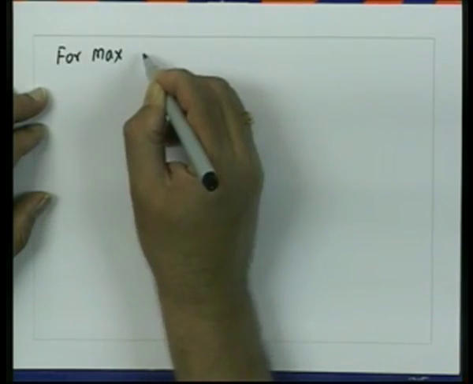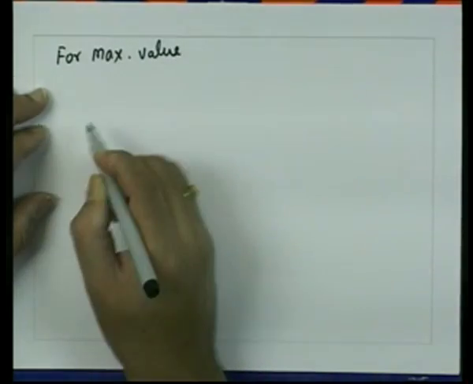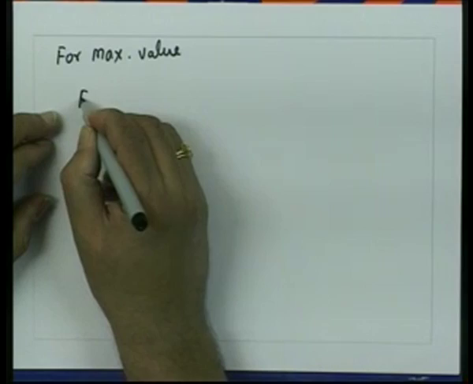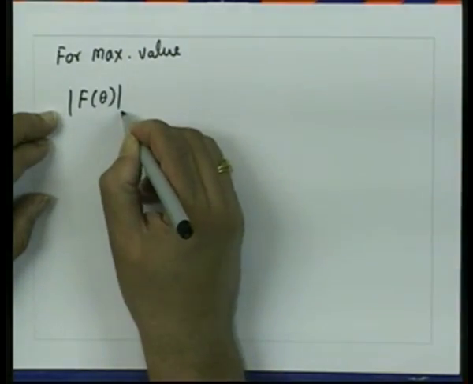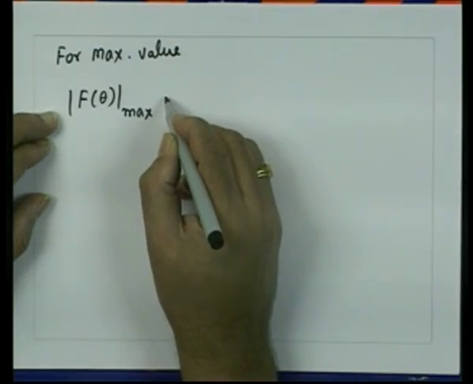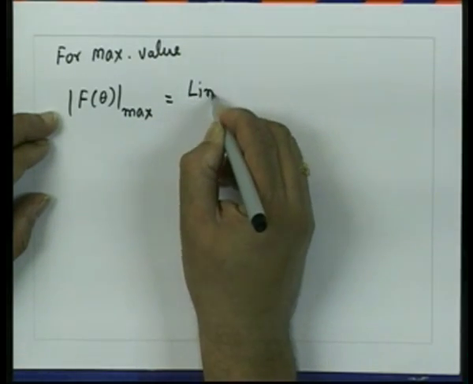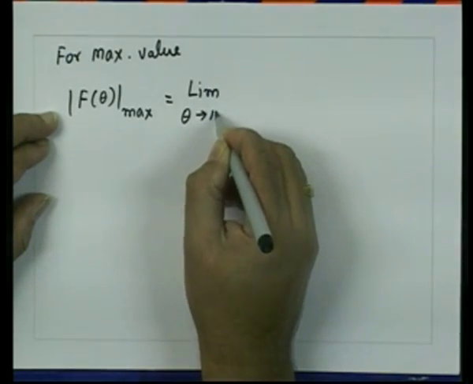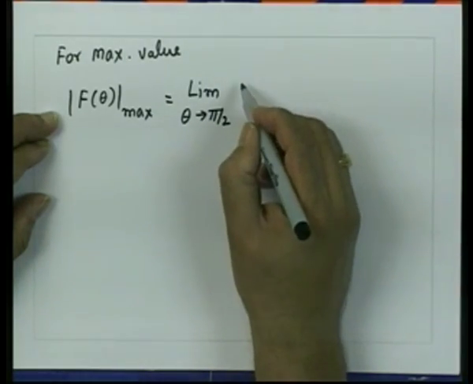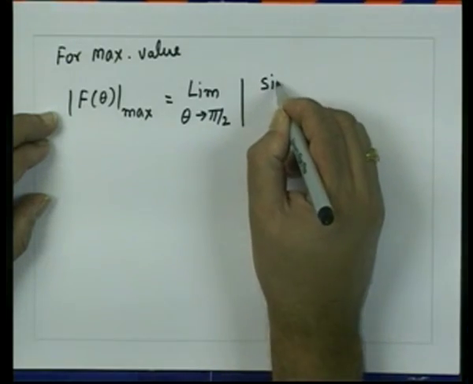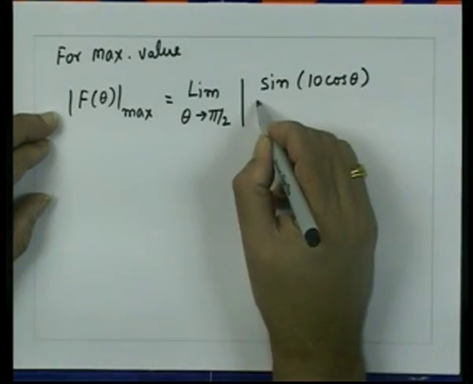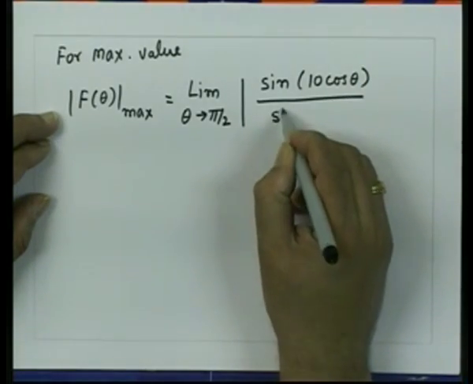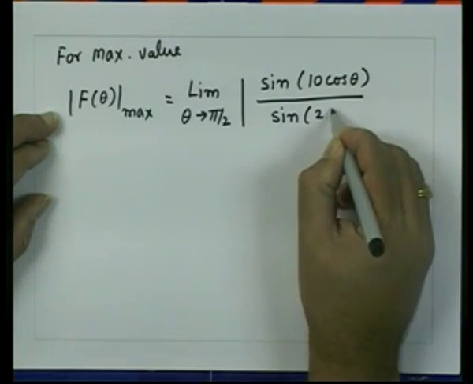So, for the maximum value of the function f theta maximum, that would be the limit when theta tends to pi by 2 of this expression, which is sine of 10 cos theta divided by sine of 2 cos theta.